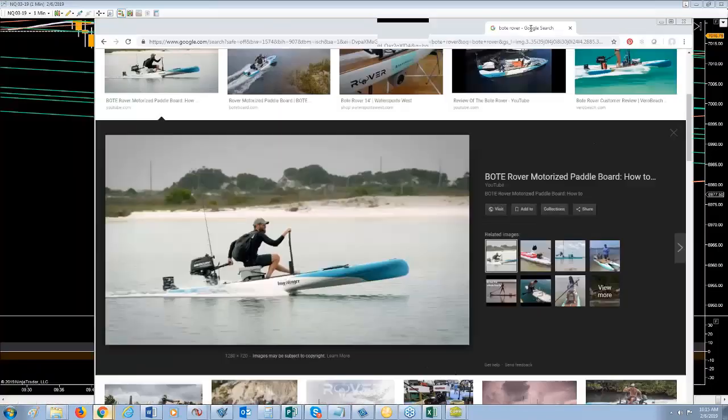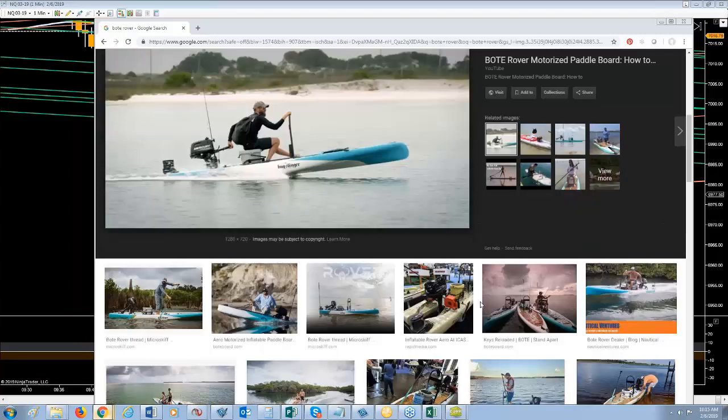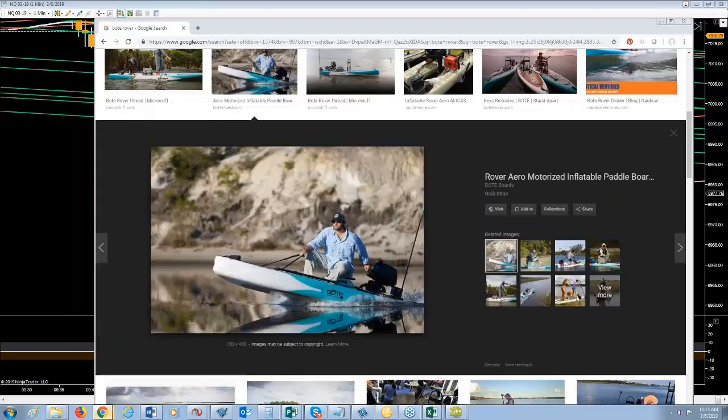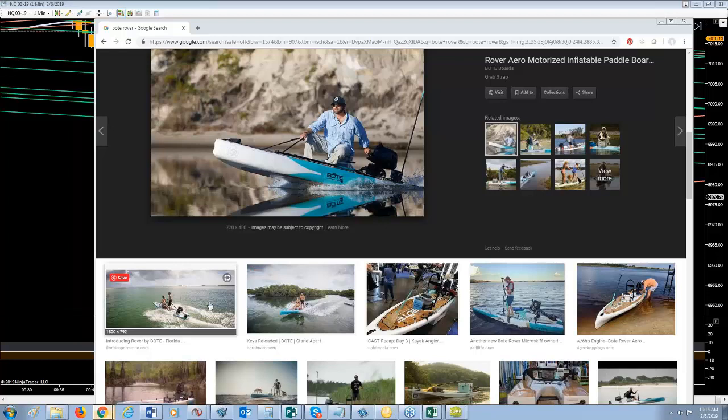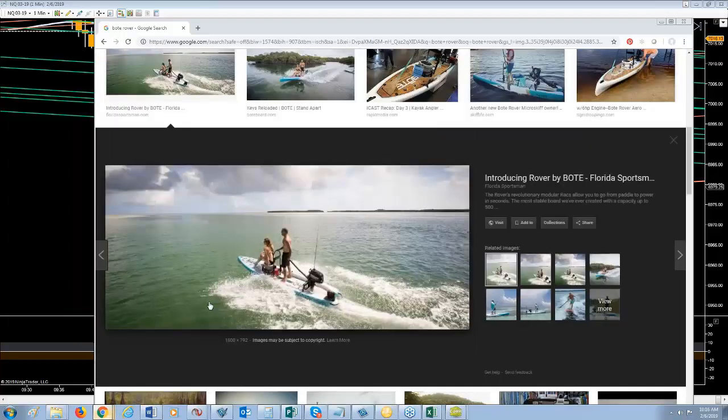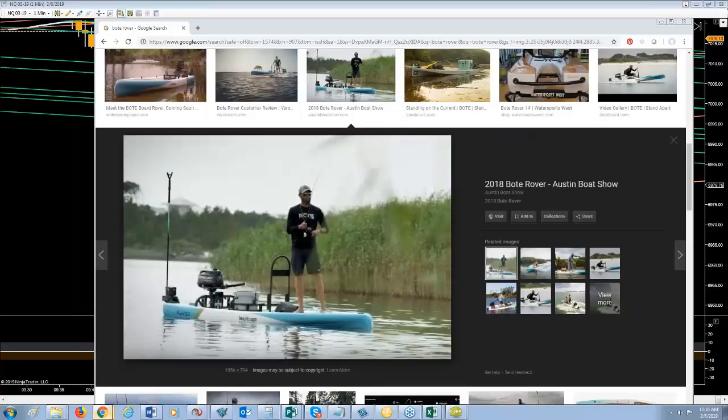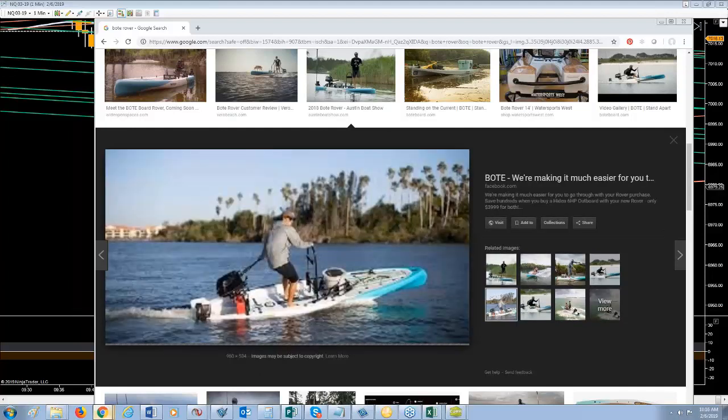Ready? That's what I want, man. That's what I'm saving up my shekels for. It's a company in Florida. This is what I would like to be doing on my summer vacation.